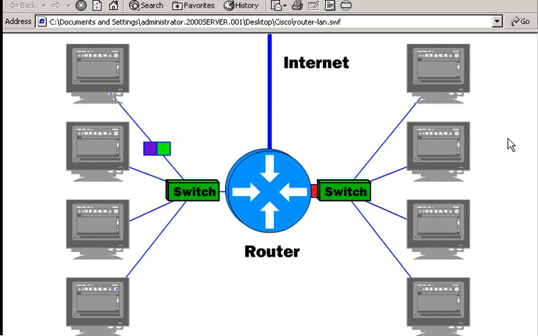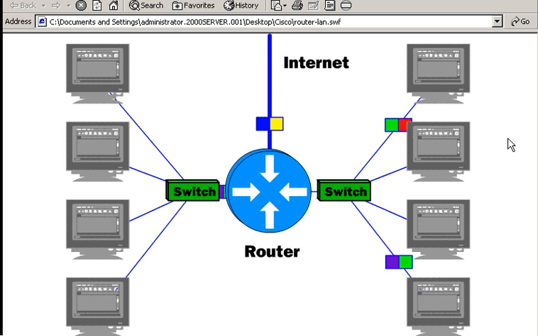Now, how they do that is with a routing table. And a routing table is configured one of two ways. We either do it statically or we do it dynamically. If we do it statically, we, the administrator, have to go into the router, use an IP route command, and configure those routes to tell our router how to find another network or how to find the next hop router.